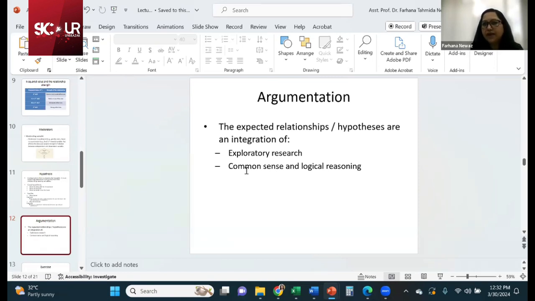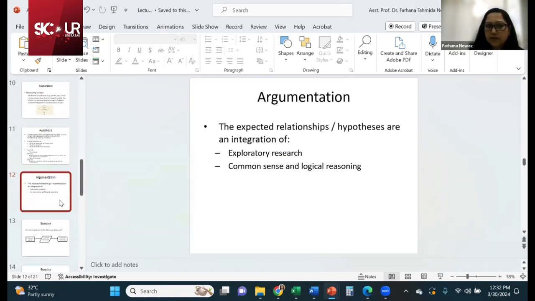That will be vague, right? So you need to make sure that you come up with the argumentation based on the exploratory research. If you don't have any support or evidences, then you can use common sense or logical reasoning to develop the hypothesis. Makes sense or not?